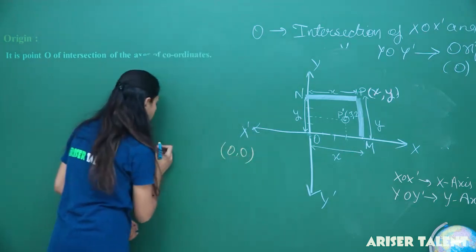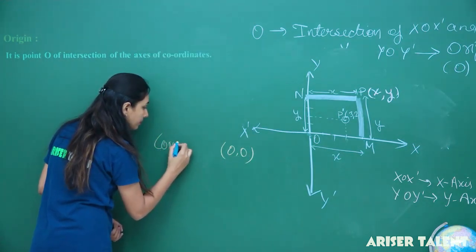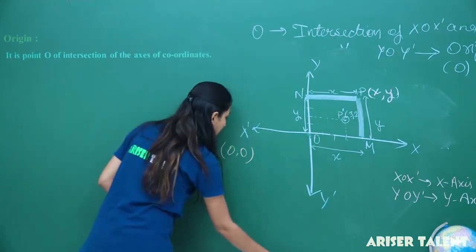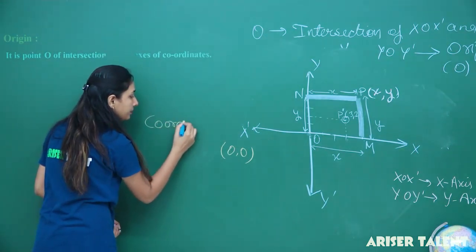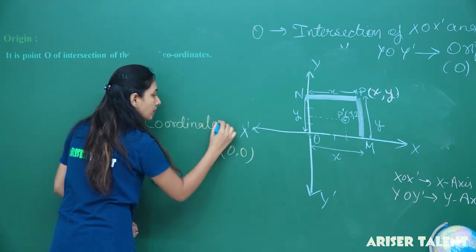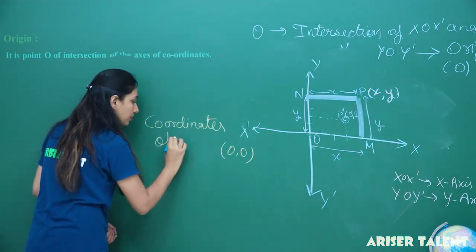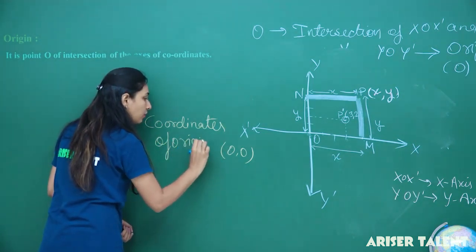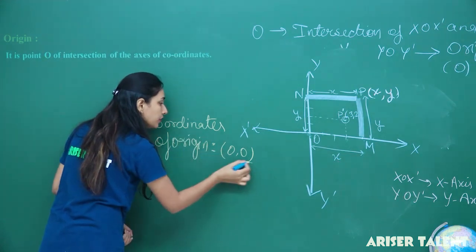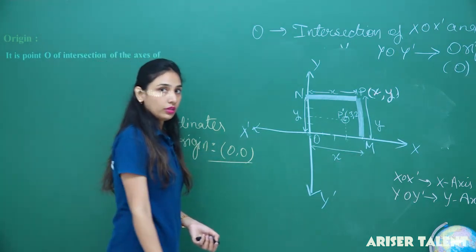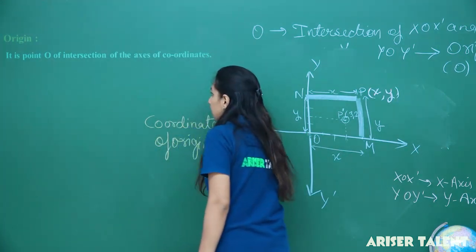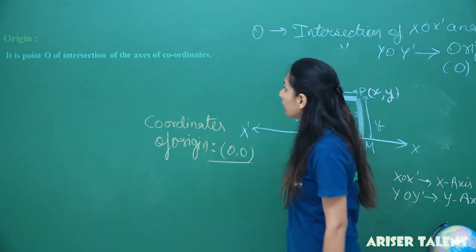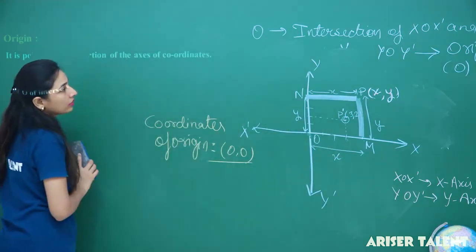So the coordinates of origin. What are the coordinates of origin, students? (0, 0), right? So the origin coordinates will be (0, 0), okay? Now you can write it down.